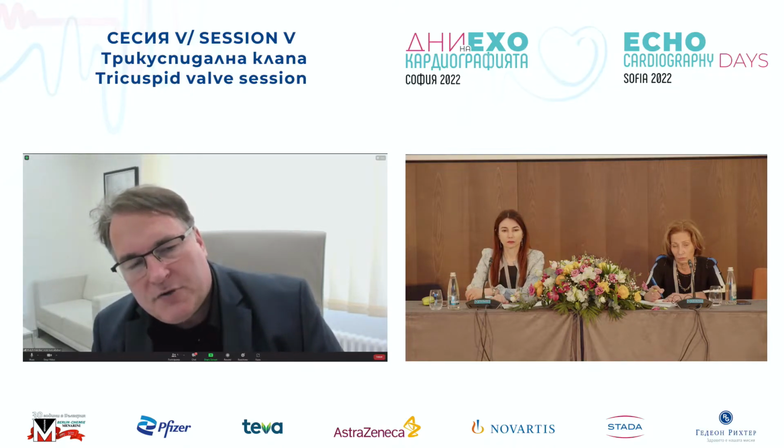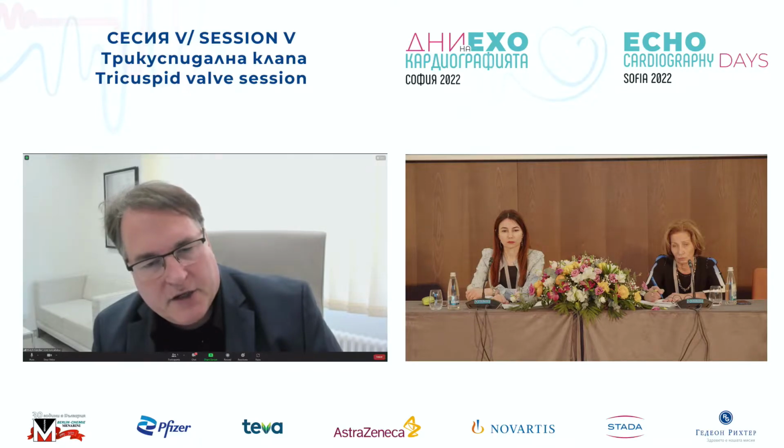And the cutoff values here are between 60 and 70 millimeters of mercury. We currently do not treat, in trials at least, patients with a higher pulmonary artery systolic pressure. But in my opinion, it's much more important if you have a precapillary pulmonary hypertension.